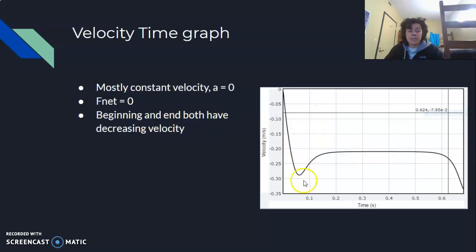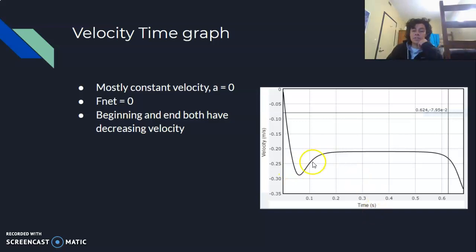And both the beginning and the end have a decrease in velocity. For the first time right here, it's because the magnet is within the sphere of influence of the magnetic field of the tube, and it is counteracting the downward motion of the magnet and pushing back up.